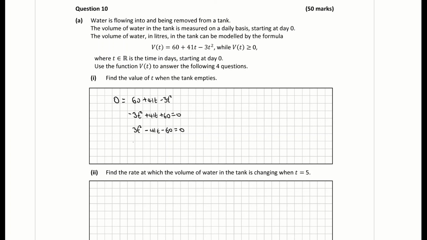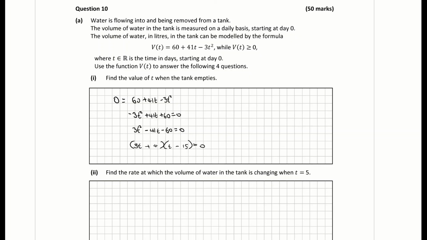And I'm going to factorize that for t. You can use your minus b formula, but the factors are 3t and t, and 4 multiplied by 15 would give me 60, a positive 4 and a negative 15, because negative 15 times 3 would give you 45, plus the 4 would bring it back to 41.